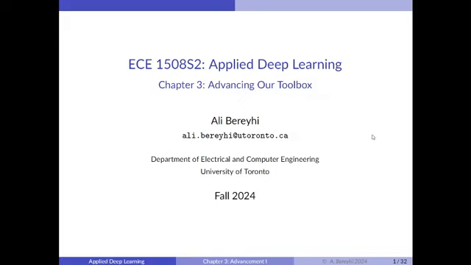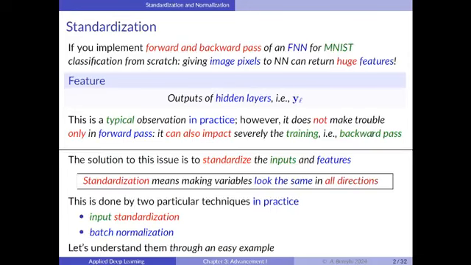Okay, we are in section 4 of chapter 3. I'm talking about standardization. We have to normalize and standardize the inputs and features so that all the variables look the same in all directions and dimensions.